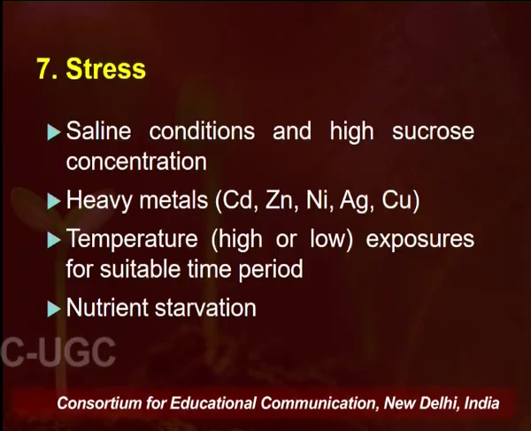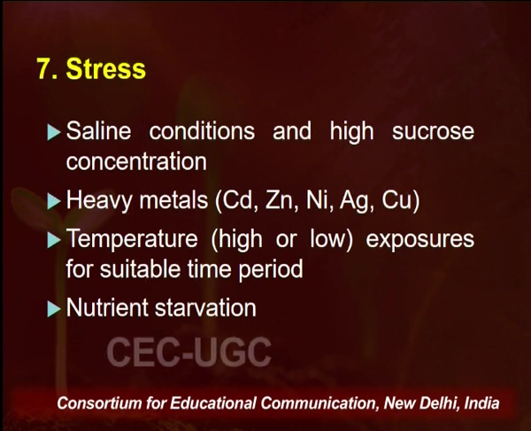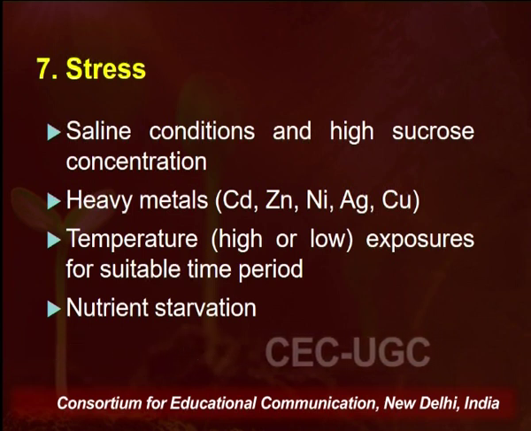So one has to again optimize the temperature condition in order to promote somatic embryogenesis. Then nutrient starvation, wherein we expose the cells to nutrient deficiency. Again, such stress helps in promoting somatic embryogenesis, through the upregulation of the genes that are responsible for conversion of cells into somatic embryos.